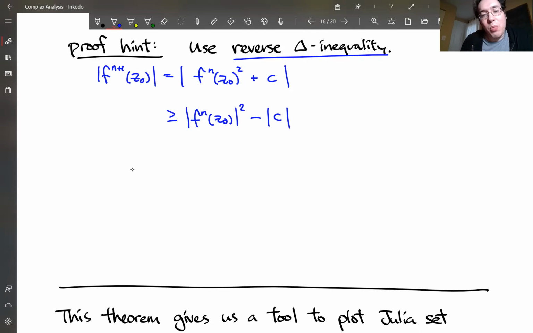And what I want to say is that the n plus first step is larger than it was before. Let's say what it was before, at the nth step, it was greater than r.